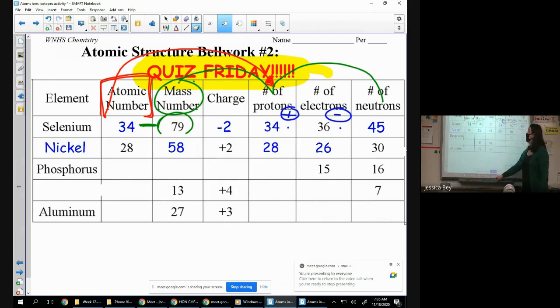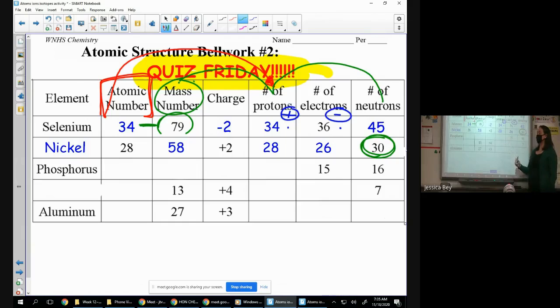However, if you're given information, for example, 30 neutrons here, you need to actually use that given information. So you don't pull the mass off the periodic table unless that's your last avenue. So 30 plus 28, protons plus neutrons, gives me a mass of 58.